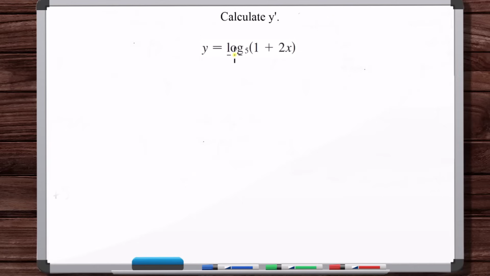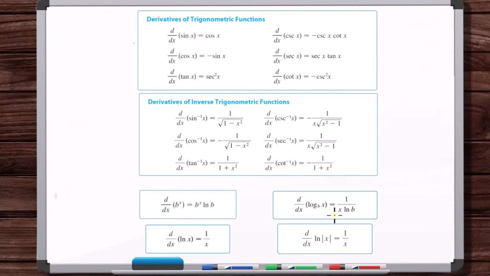Okay, chain rule. We've got the log base 5 of some function of x. What is the derivative of the log base 5 of something? Okay, it's 1 over that something times the natural log of the base.